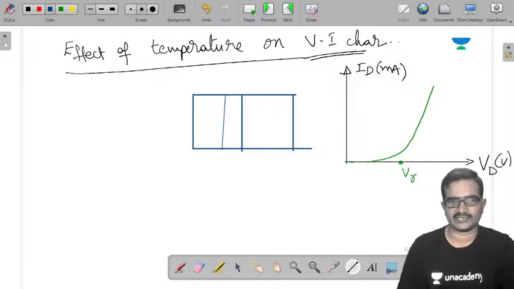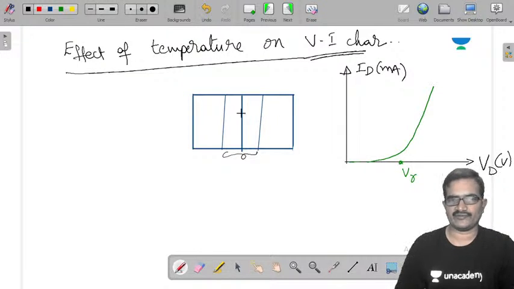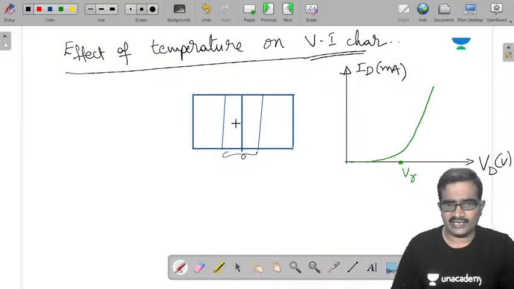Don't forget, under open circuit condition we have a depletion region. To nullify this depletion region, we need to apply up to this voltage. After this voltage, charge carriers are moving freely. Now in this region we have plenty of covalent bonds.